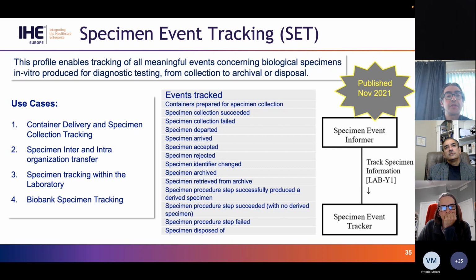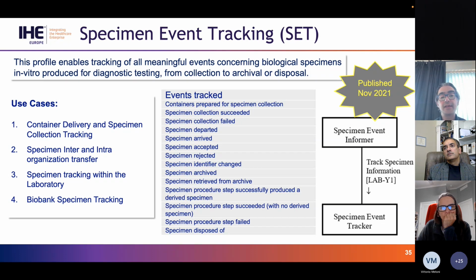For example, for a specimen departed event, it's important to say which is the laboratory the specimen is sent from, and the laboratory where the specimen has to arrive, for example, and so on.